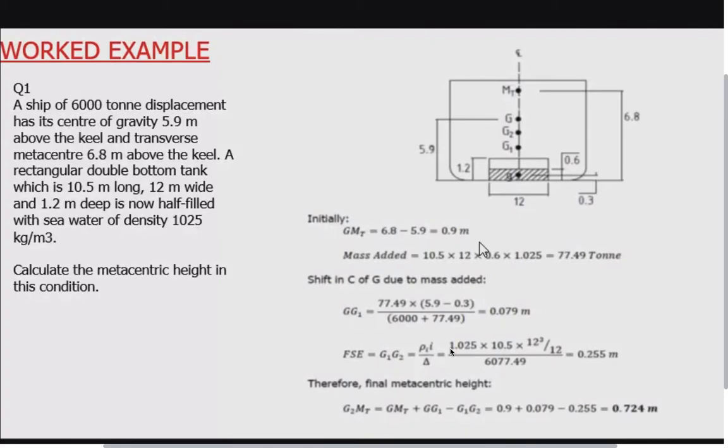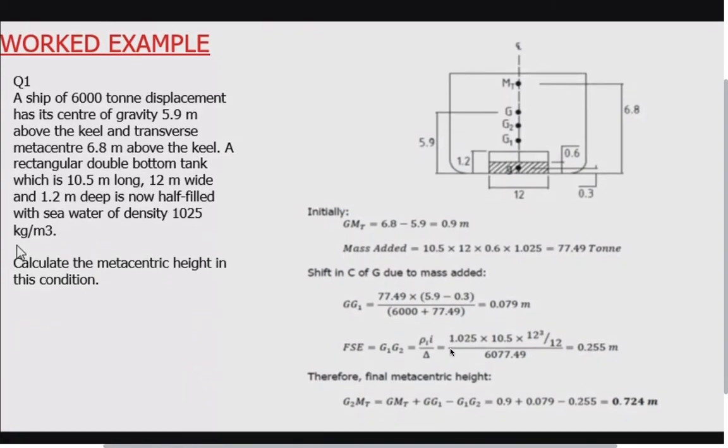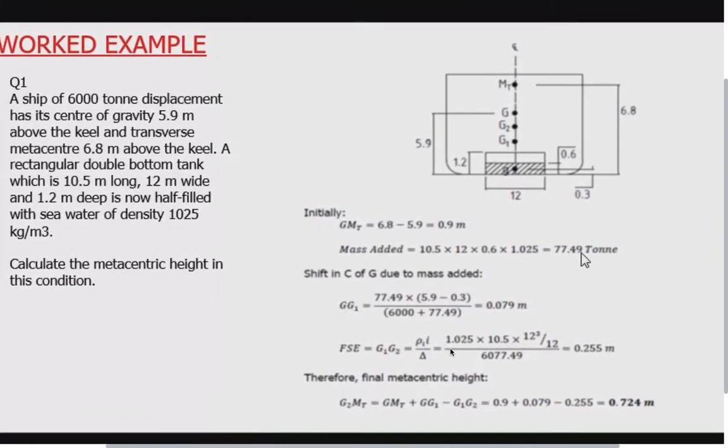We calculate that times the 1.025, which is the density. We have changed this from kilogram to ton. So when you multiply, you get 77.49 ton. That is the added mass.